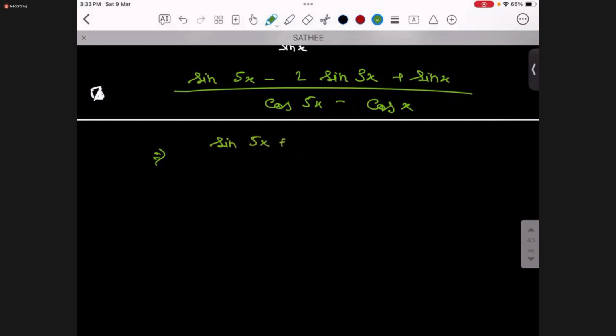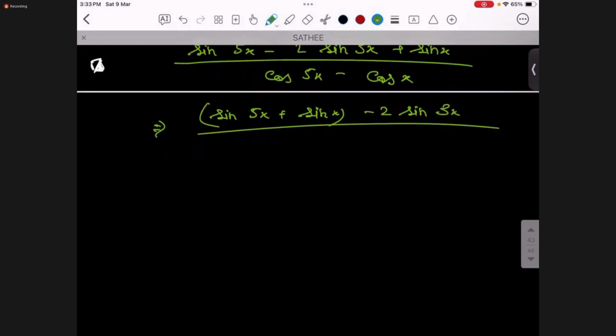Sin 5x plus sin x minus 2 sin 3x divided by cos 5x minus cos x, which can be written as 2 sin ((5x plus x) by 2) cos ((5x minus x) by 2).